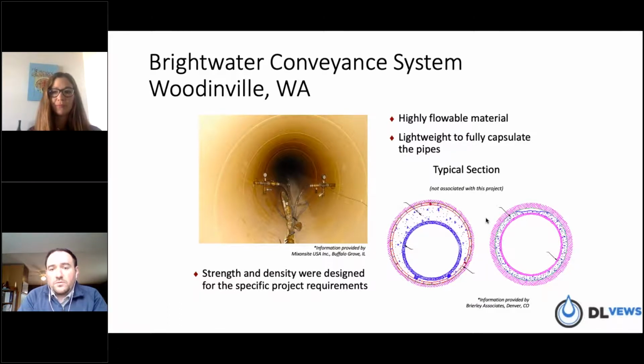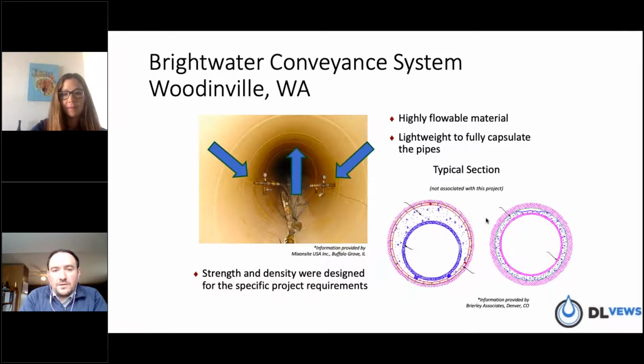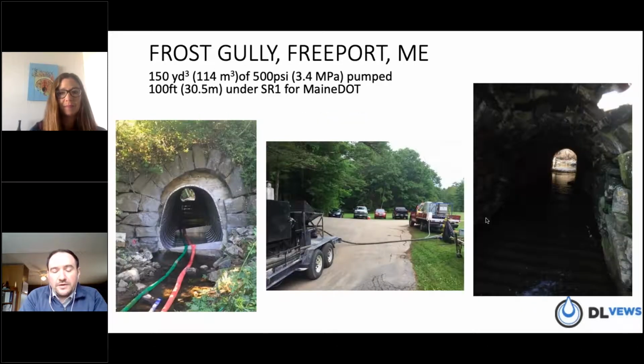We want to encapsulate the liner, but we also want to fill the voids outside of the host pipe and make sure it's highly flowable so that we know we're going to have a successful project and we can pump thousands or hundreds of feet in most culvert applications, right? Right. And what you're seeing there is just some pressure ports so they can gauge how much pressure they're getting, and then vent ports, which are basically ports in the wall of the pipe.